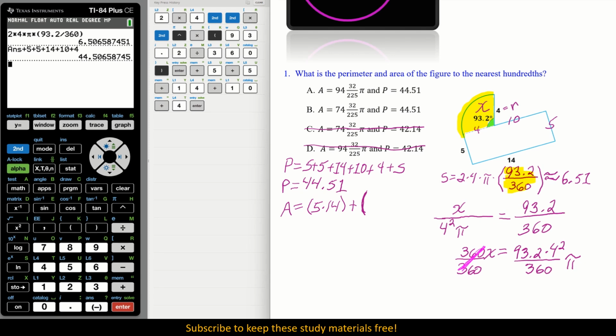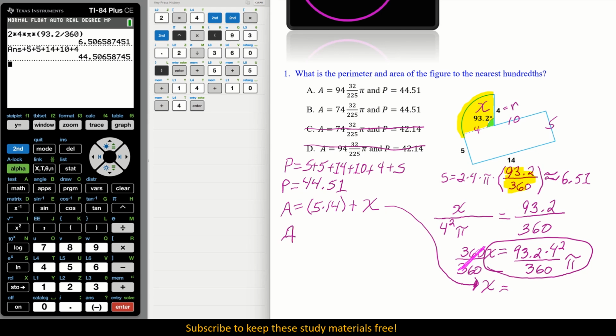So now we can get the value of x, which is going to be all of this. So let's write that in here for our area. Actually, we could just say that we're adding the value of whatever x is. Let's get that. So you see that happening, and then we'll add the other parts to it.